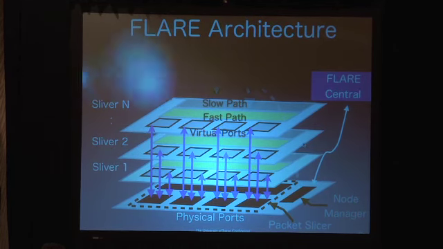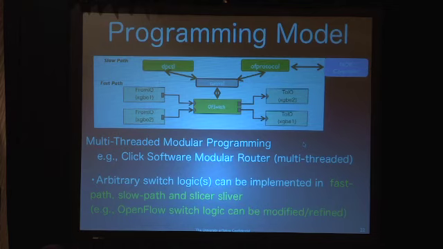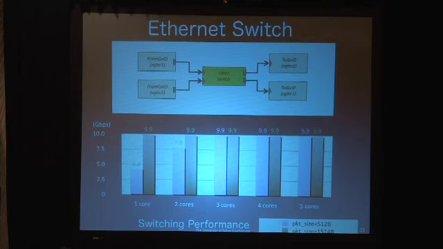And in each slice, we can inject a program, and if you're grad students or postdocs, you can do programming using Click, and this is the implementation that we did for the OpenFlow switch, and the performance numbers are very impressive.